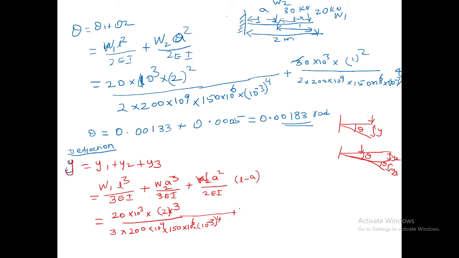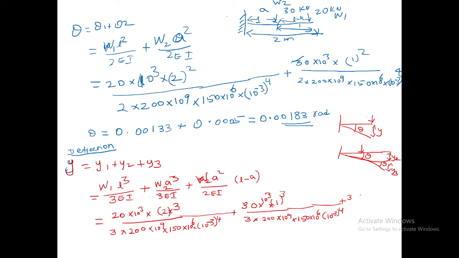Plus W2 is 30, A distance is 1 cubed, divided by 3 into 10 power 3 kilonewton, 200 into 10 power 9 into 150 into 10 power 6 into 10 power minus 4.